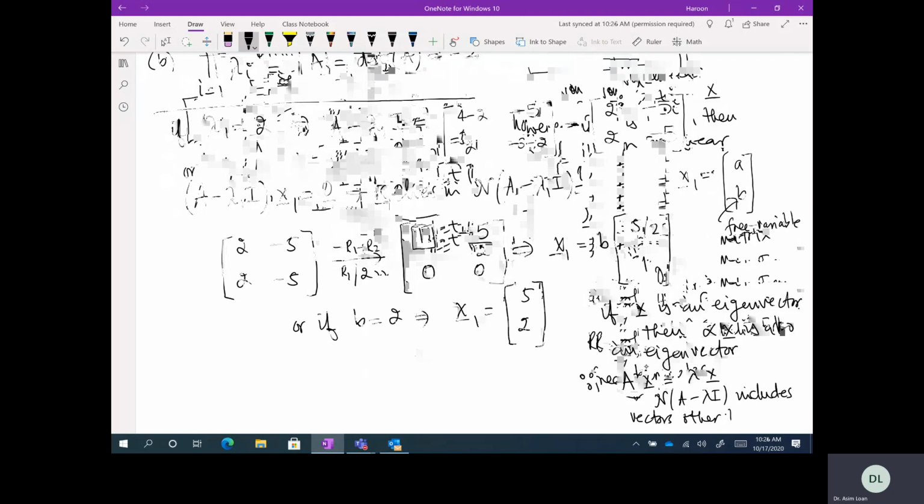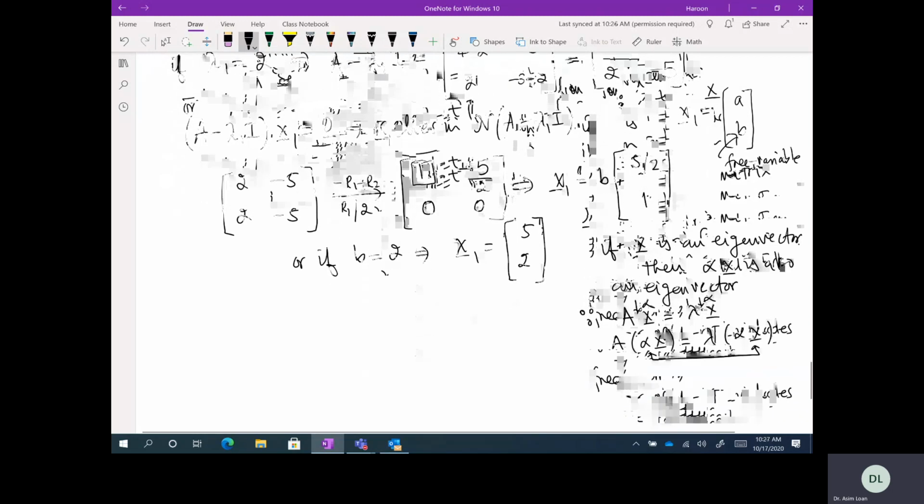So if I multiply alpha over here and alpha over here, this is A times alpha times x equal to lambda times alpha times x. So this is still the eigenvector. This is the vector y, which multiplies A, and you get lambda times y. So if x is an eigenvector, then alpha times x is also an eigenvector. That's why I can just multiply this so that this is a nice vector instead of working with fractions.